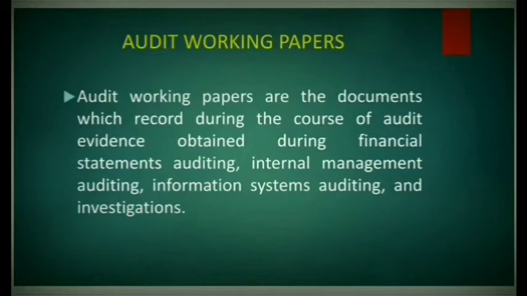What is the objective of this? Planning, organizing, controlling and reviewing of audit work. That is, the audit working paper provides a means of planning, organizing, controlling and reviewing the audit work.